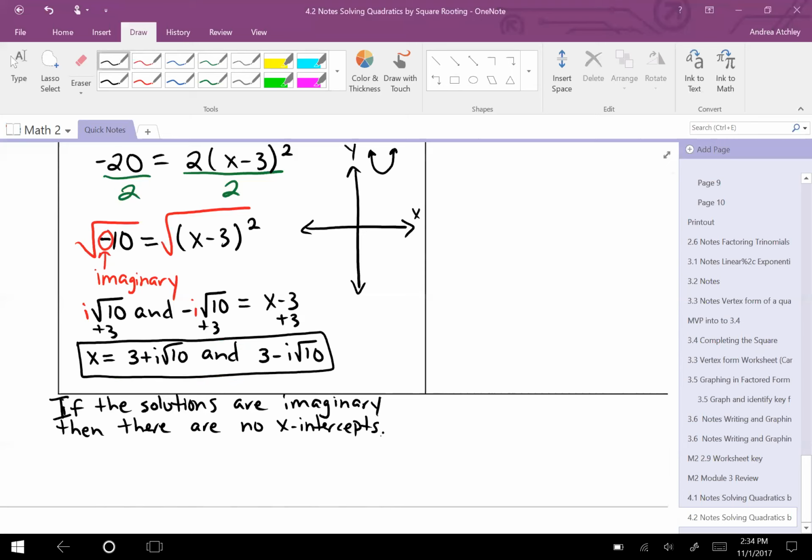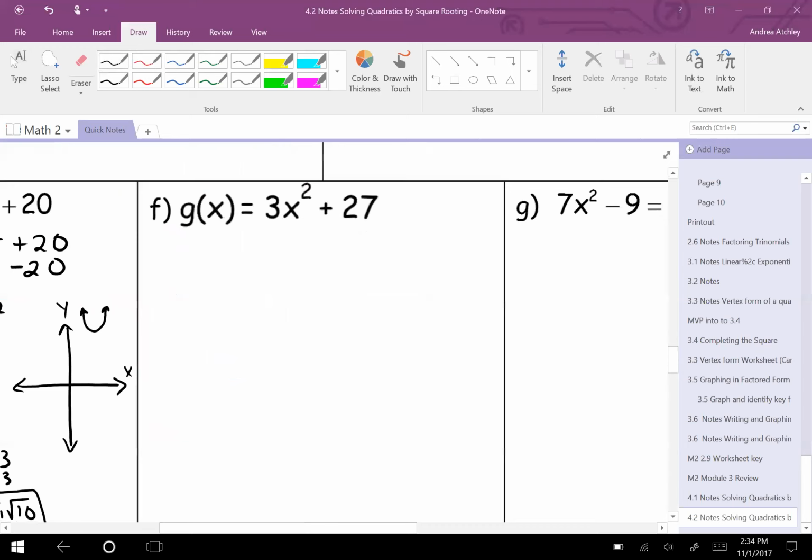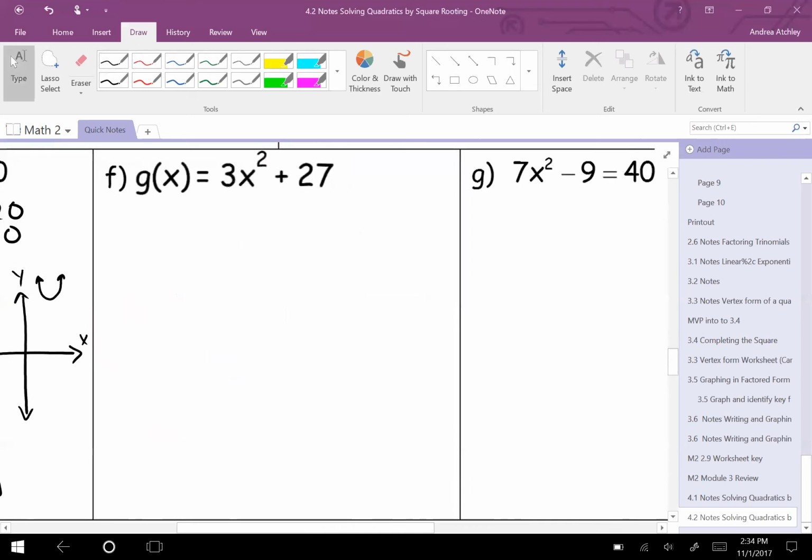That although I can solve it, it really doesn't have x-intercepts. Let's do the next one. Okay, do that one in your pairs for me.